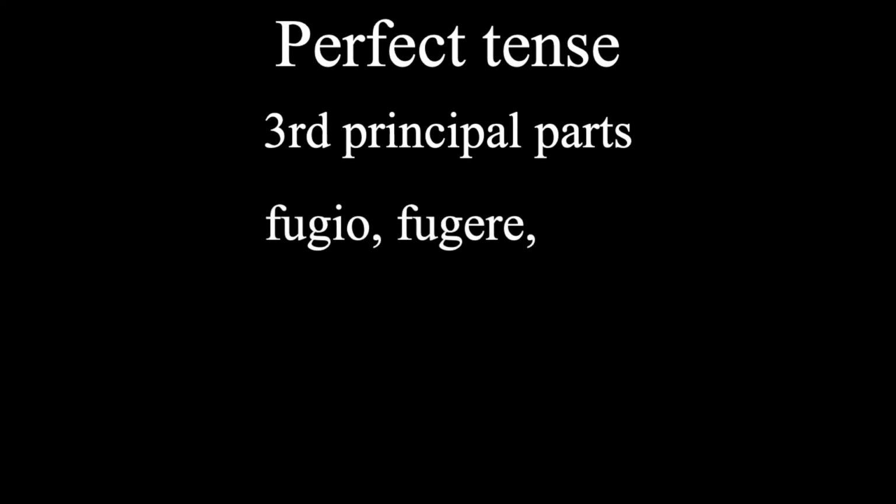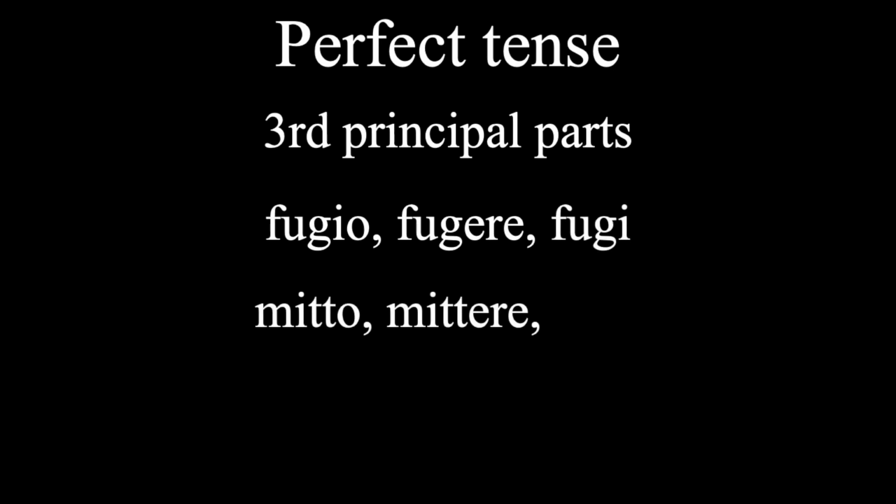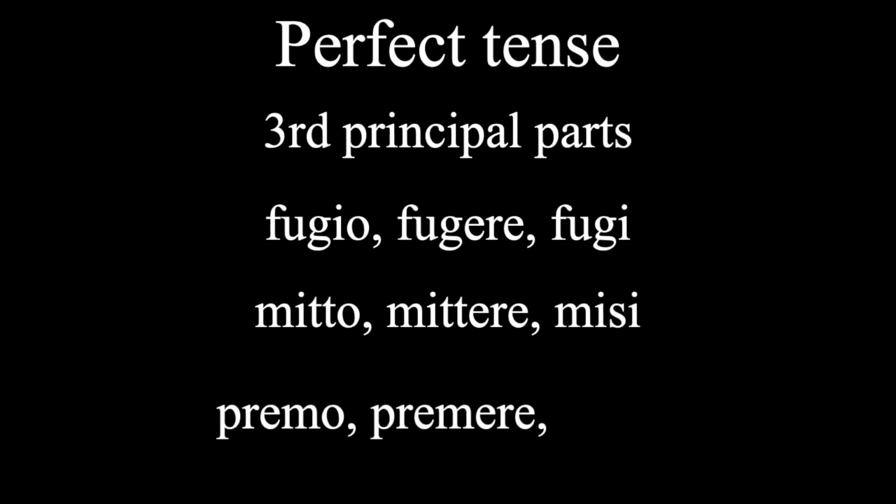Third conjugation is predictably unpredictable. For some verbs like fugere, we have just an i, so we get fugi. For mittere, we get misi, and for premere, we get pressi. S's are fairly common in the third principal part, sometimes with one s and sometimes with two.